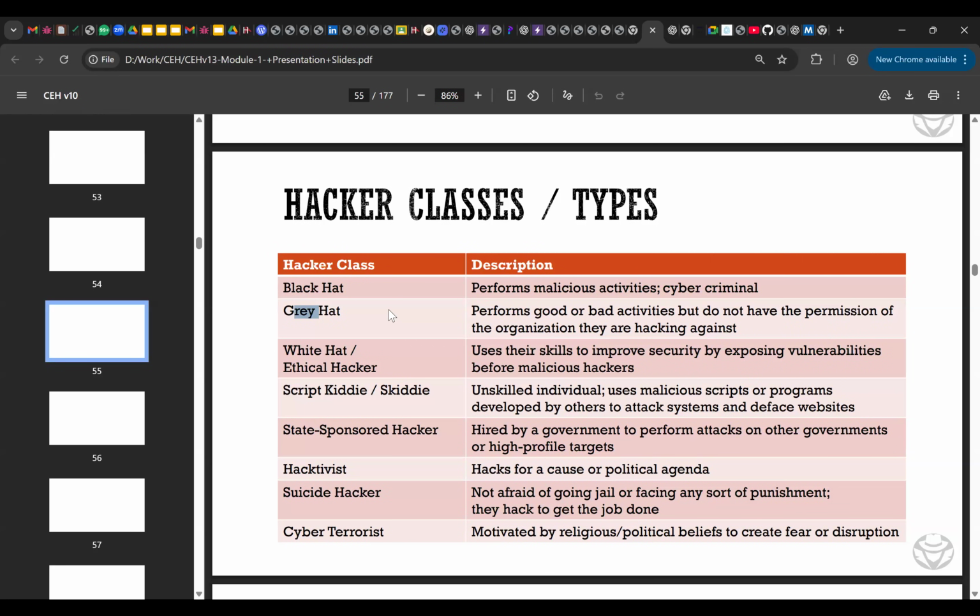Good purpose means he hacks it and then reports it to that organization: hey, this vulnerability exists in your module, you have to fix it. Or else he can gain personal access and steal some data for personal use as well. So both motives can be present for that particular hacker. That hacker is known as the gray hat.